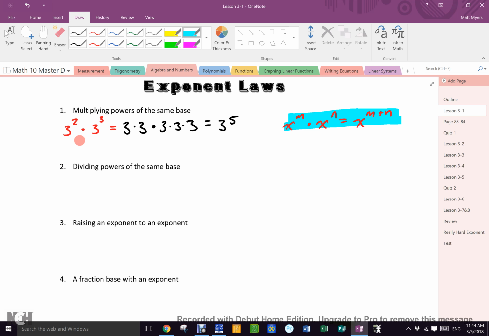Which means you all know the next one. 3 to the 5th divided by 3 to the 3rd. That is the same as 3 to the 5th over 3 to the 3rd.